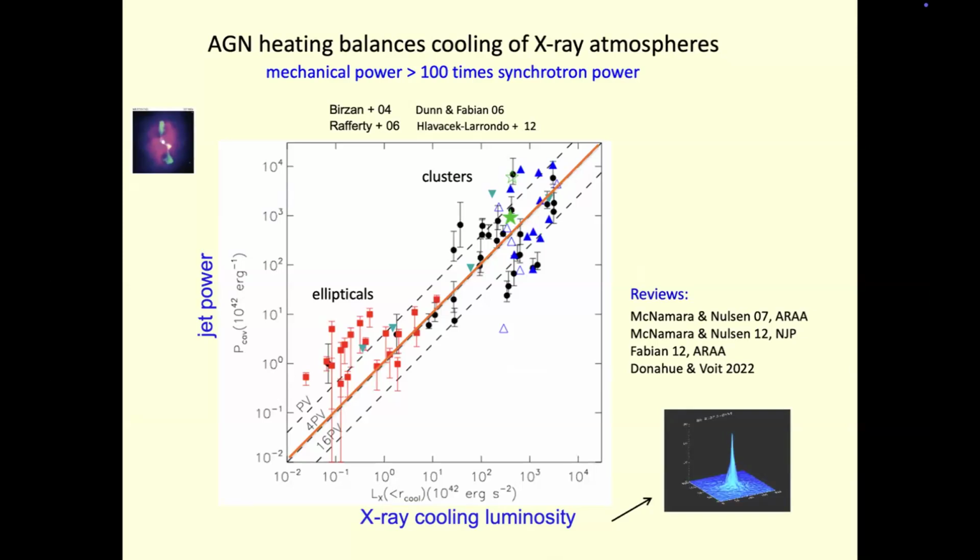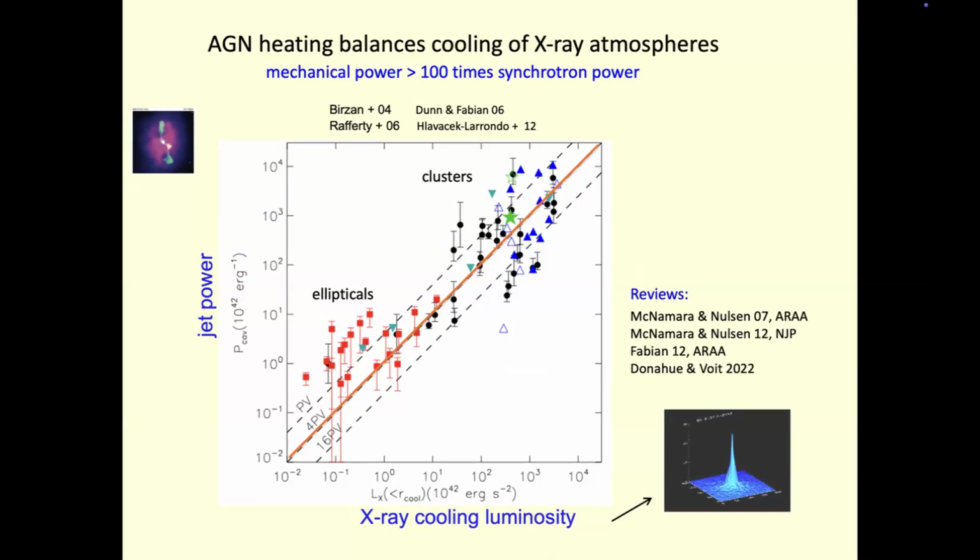On the right-hand side is the cooling luminosity, or the radiation that has to be compensated to prevent overcooling in the atmosphere and creating giant galaxies that are much bluer and forming stars at much higher rates than are observed.